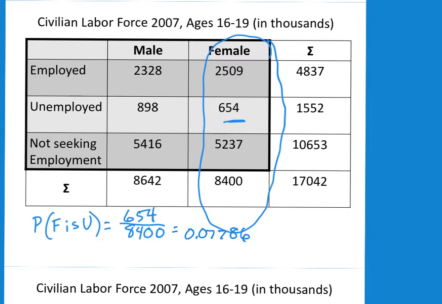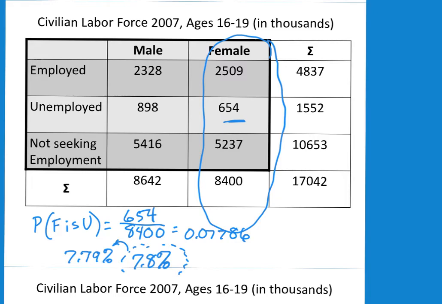The probability that a female is unemployed is 7.79%. Or usually we only go to the tenths with percent. Okay? All of those answers are equivalent. I kind of prefer this one, unless I want a little more detail, and then I go with that one.